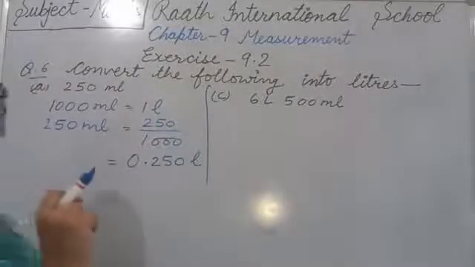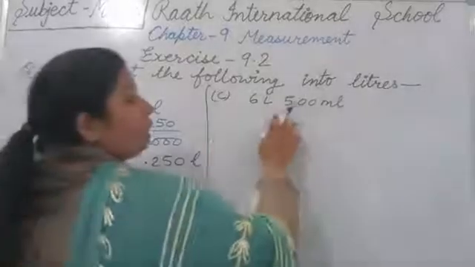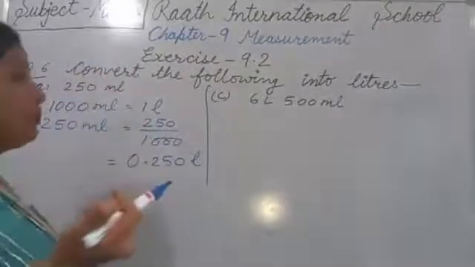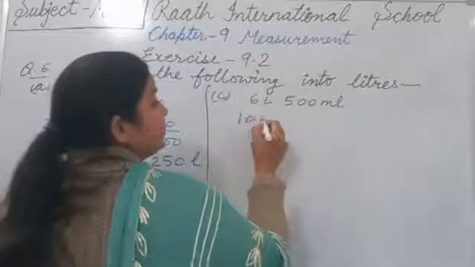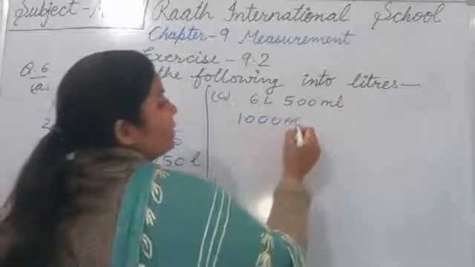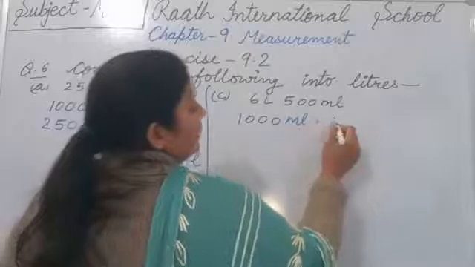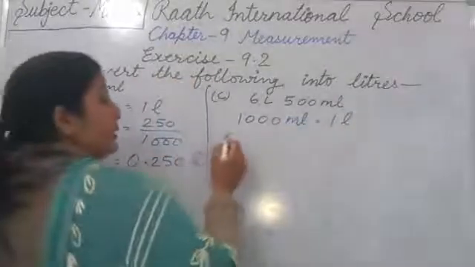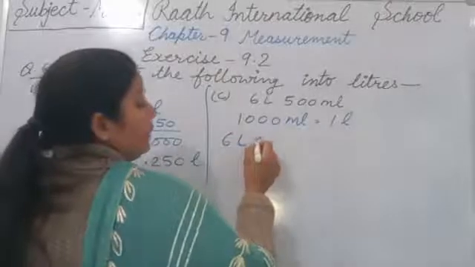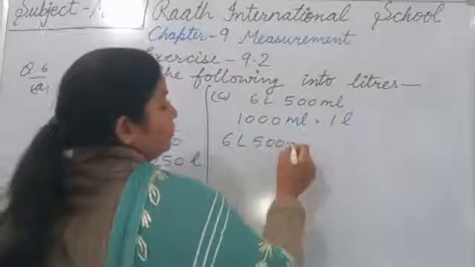Now it's a C part. 6 liter 500 milliliter. So the same way we write the same relationship, 1000 ml equals 1 liter. Now here is 6 liter 500 milliliter.